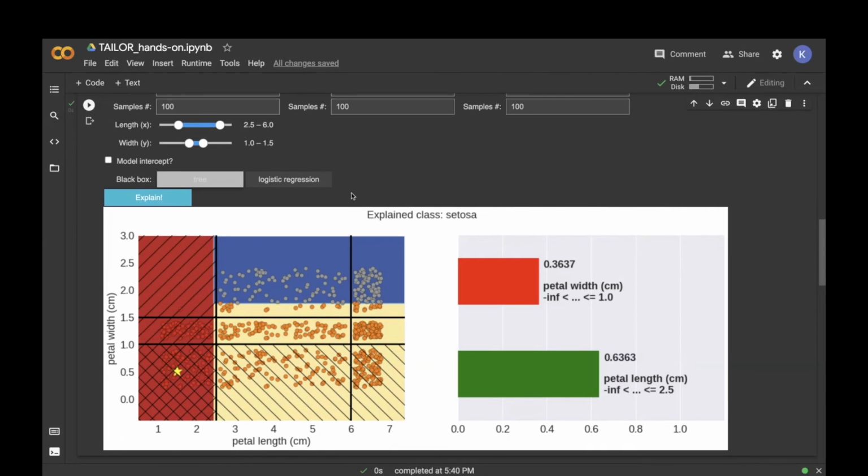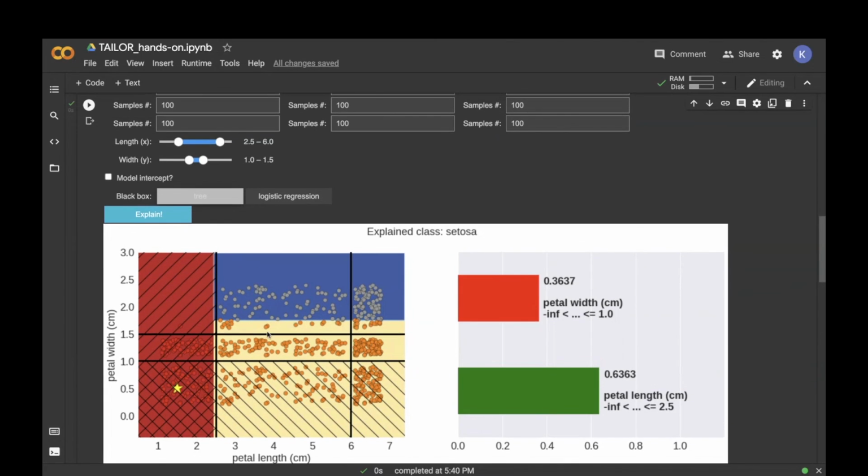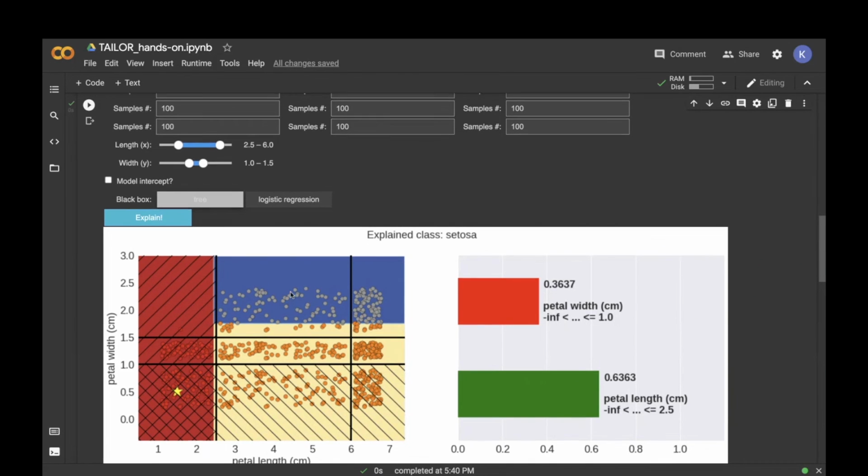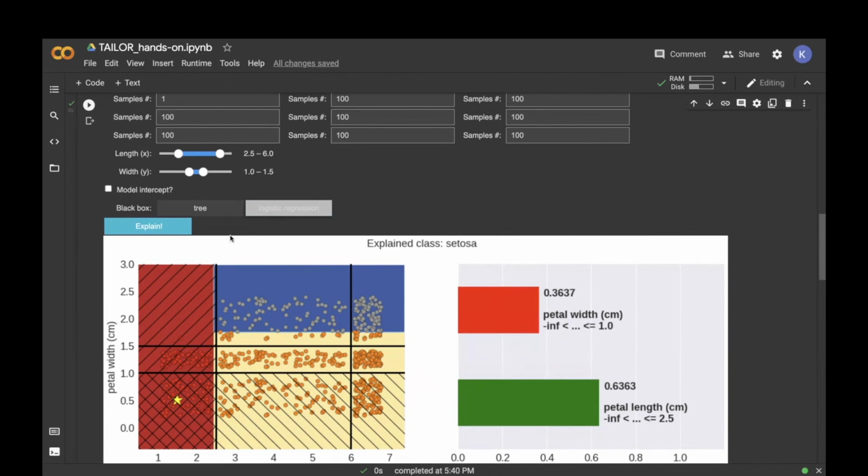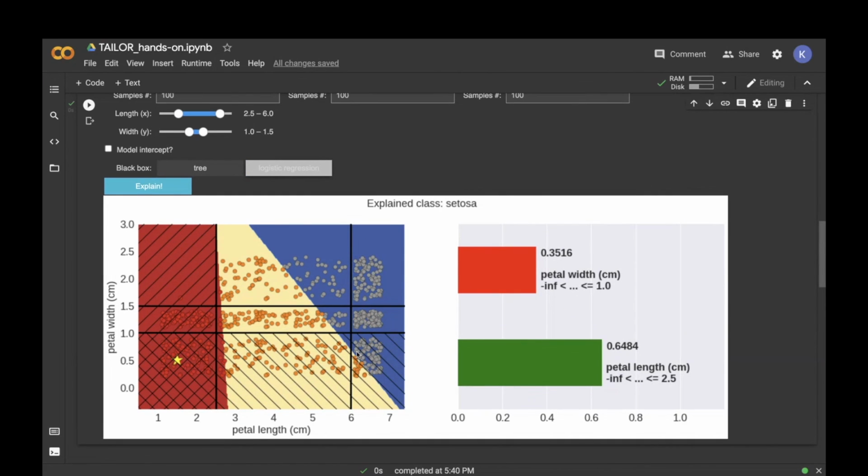You can use two black box models. One is a decision tree, and it is only used because it has axis parallel splits, so it's a bit easier for you to align your interpretable representation splits with the black box decision boundary. The other one is a logistic regression because it's not axis parallel.